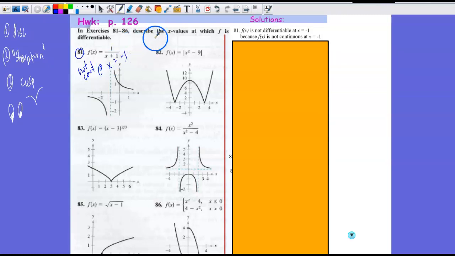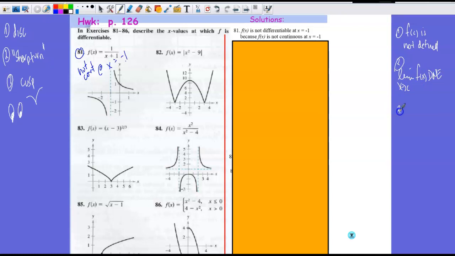And remember our reasons there for continuity. I'll write them over on the other side. The first one is f of c is not defined. In other words, there is no y value. The second reason that a discontinuity might occur is that the limit as x approaches c of f of x does not exist.